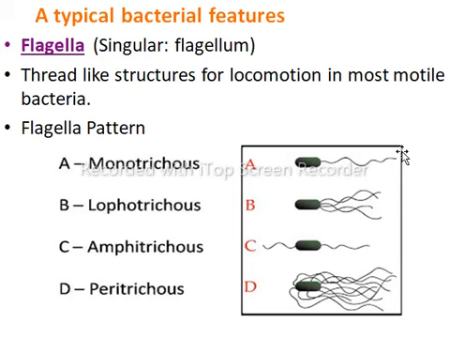Some bacteria have a flagellum at one pole, called monotrichous, just like Campylobacter species.